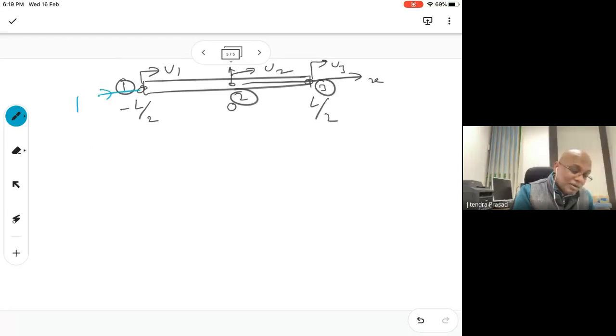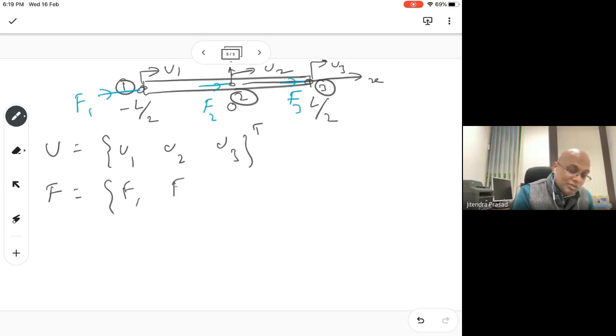So you will have F1 applied here, F2 and F3. Accordingly, we can write the U vector as U1, U2, U3 transpose, and the force vector as F1, F2, F3 transpose.